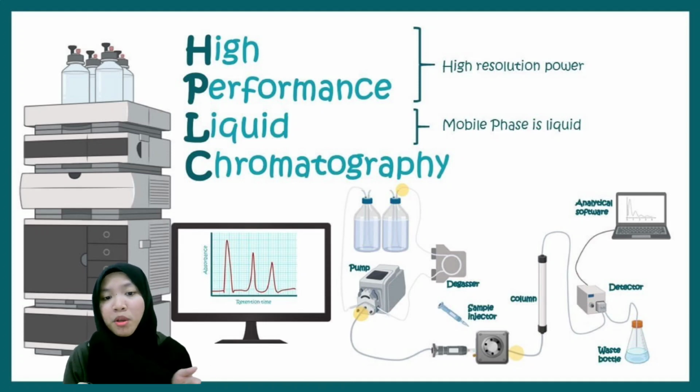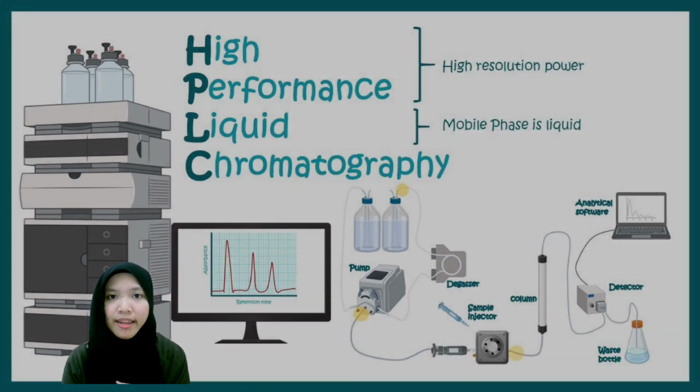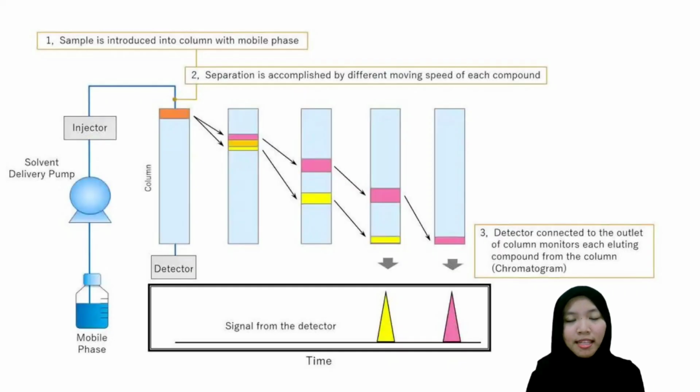A certain amount of sample is injected into the column and the compounds contained in the sample are separated. These compounds are detected by a detector downstream of the column, and each compound is identified and quantified. As HPLC can separate the compounds, each compound can be easily detected due to the difference of each compound's speed through the column.